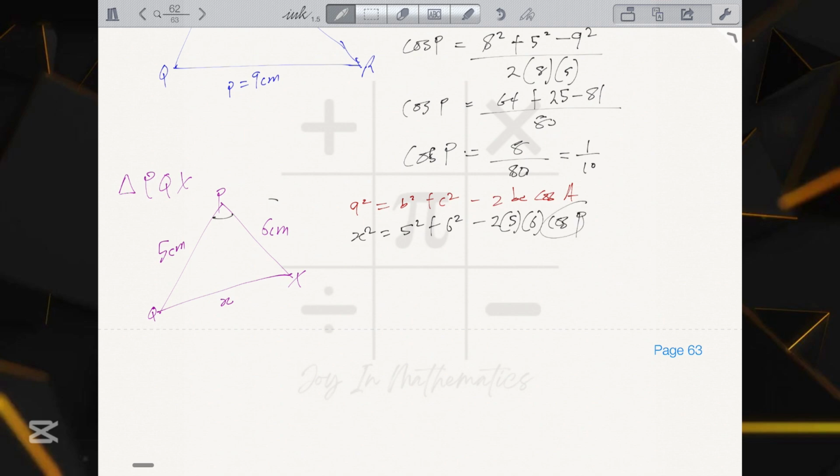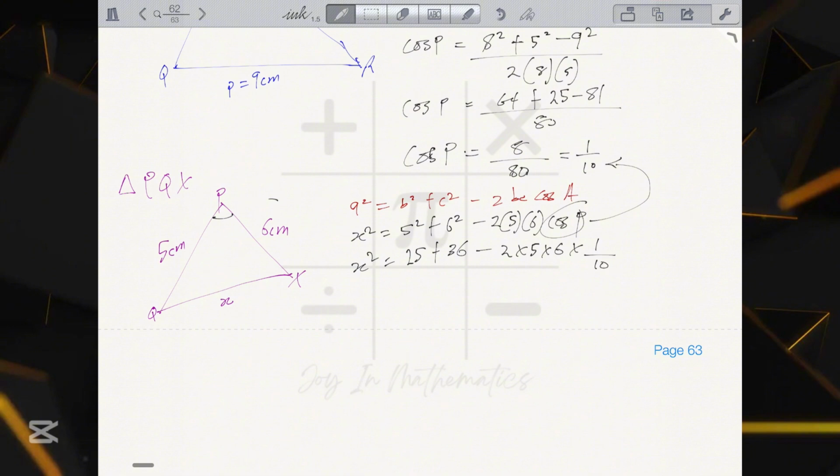And we solved in the last question cos P. So we have X squared is equals to 25 plus 36 minus 2 into 5 into 6 multiplied by cos P, which is 1 over 10.